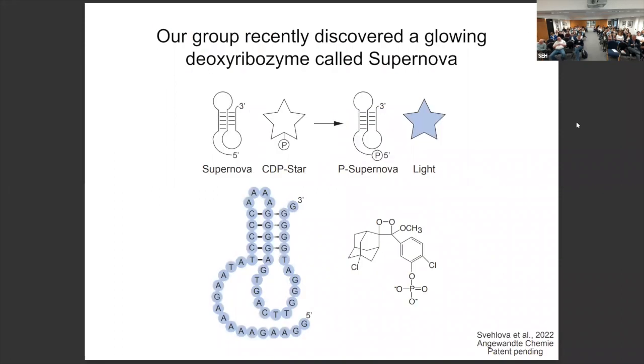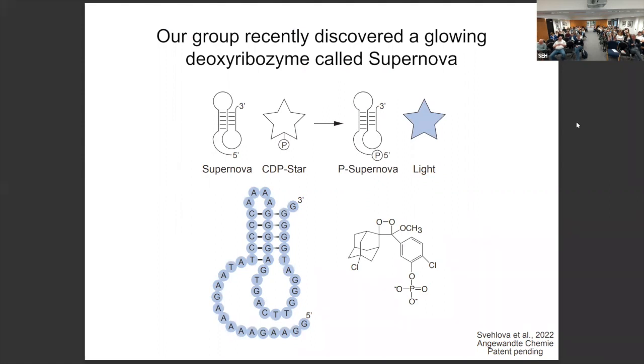We are particularly interested in the catalytic functions of nucleic acids, and especially the catalytic functions of DNA molecules. We recently identified a deoxyribozyme that catalyzes a chemiluminescent reaction. It uses a substrate called CDP-Star. When you remove the phosphate group from this substrate, it decomposes in such a way that light is generated.